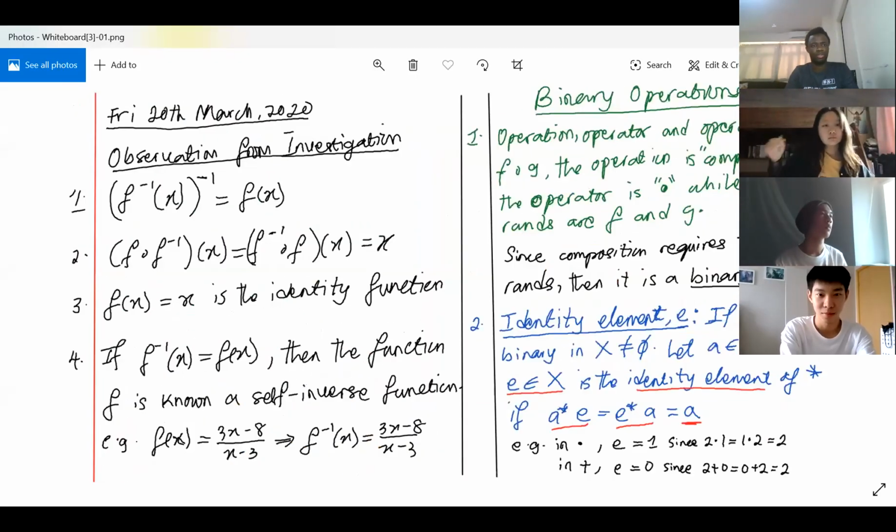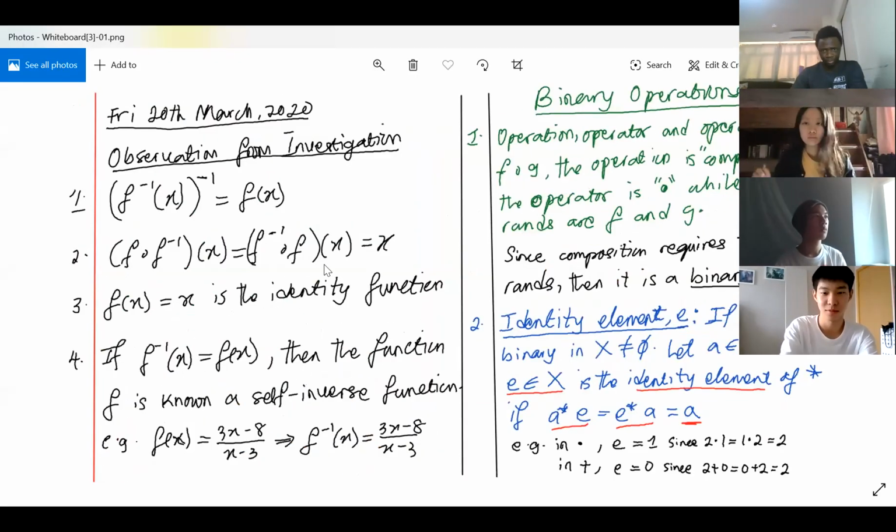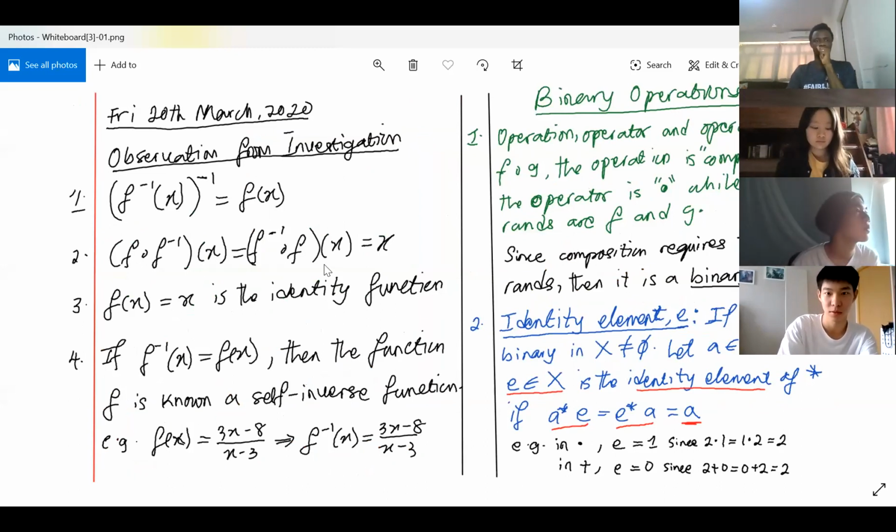So remember this from last time? So let's try to refresh our memory with all this. When you find the inverse of an inverse, what you get is the function.